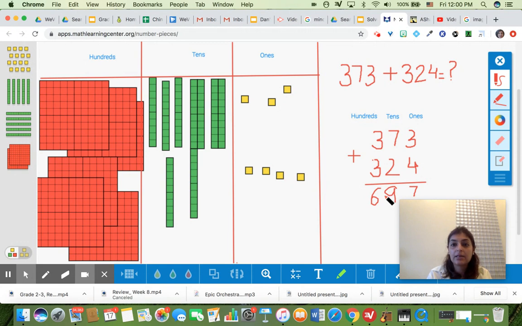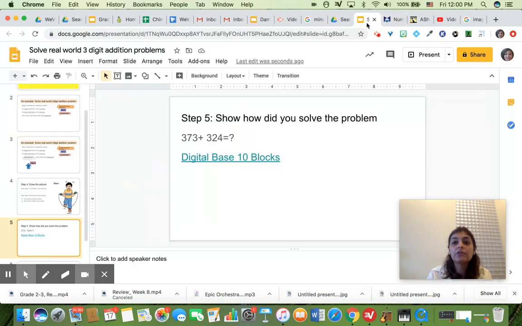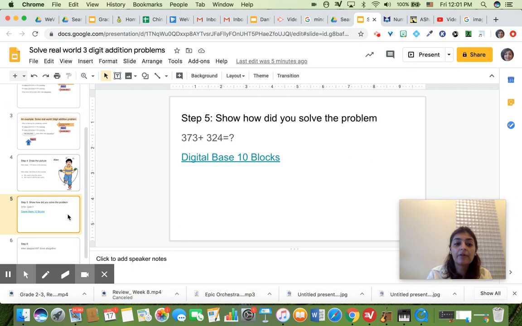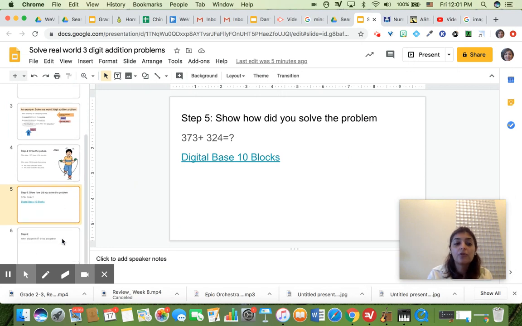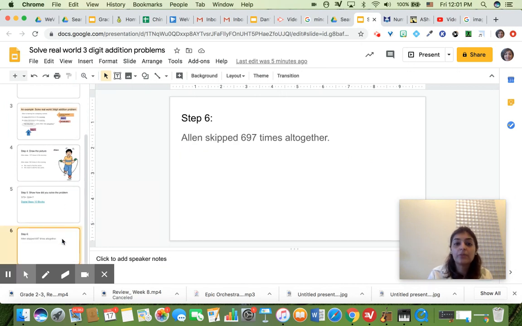So the total sum of 373 plus 324 is 697. Now we need to go back, and our last step for solving the real world problem is that we need to write down the answer sentence. So I wrote Alan skipped 697 times altogether.